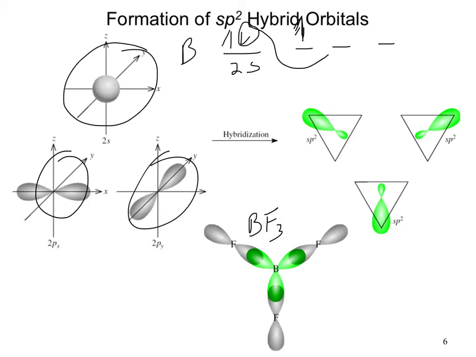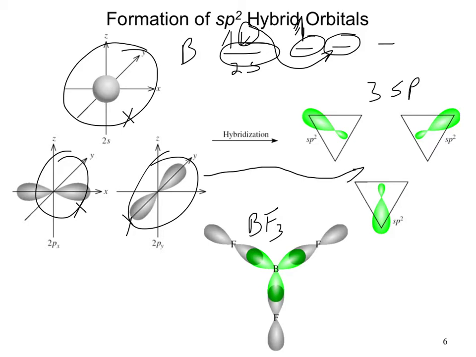If we promote one electron and mix the s, the p, and the p, the hybridization yields three new sp2 hybrids. It's an sp2 because we use two of the p orbitals.